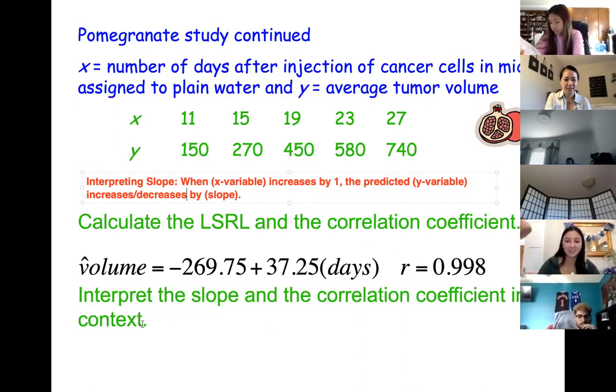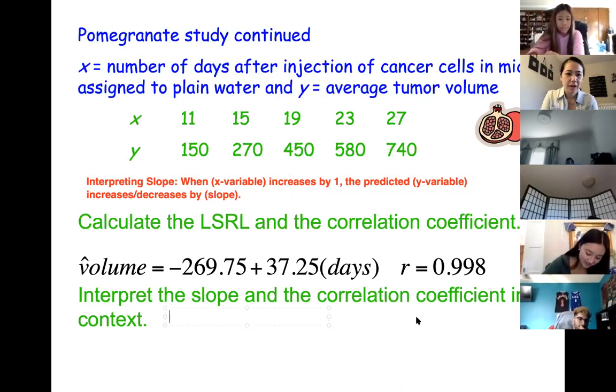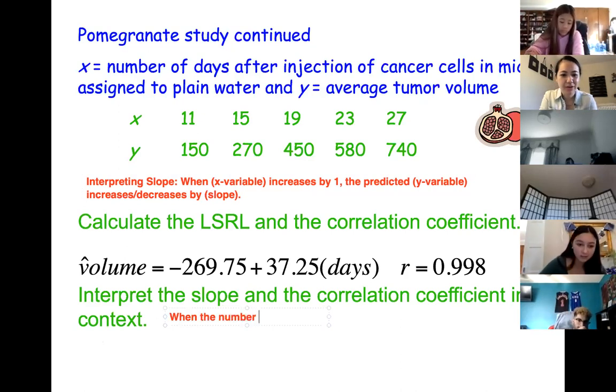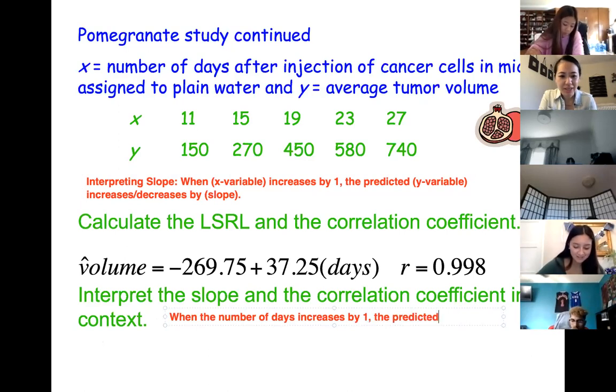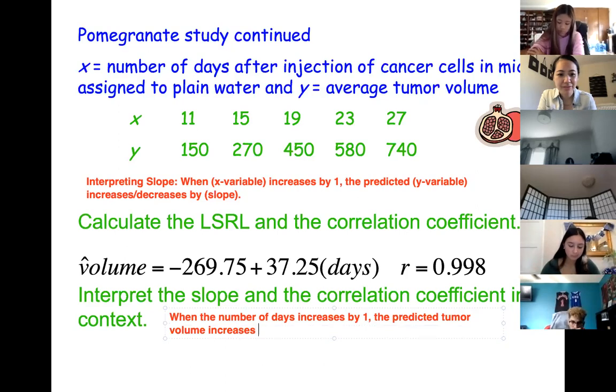So in this context, my x variable is days. When the number of days increases by 1, the predicted tumor volume, that's my y variable, since the slope is positive, I'm going to pick increases by 37.25.